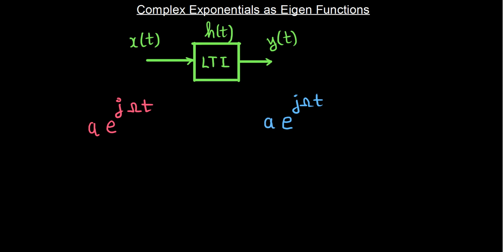So let that change be denoted by a cap. This is the property of the complex exponentials. So it's very interesting that if we give a complex exponential as an input to the LTI system, the output is going to be the same exponential but being scaled by some factor. Let's prove this.